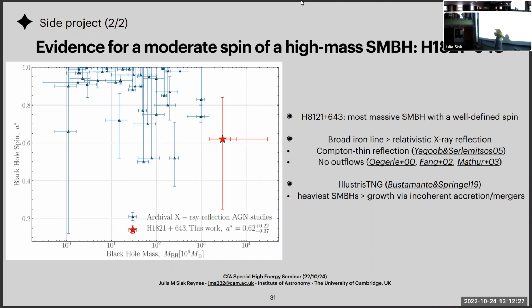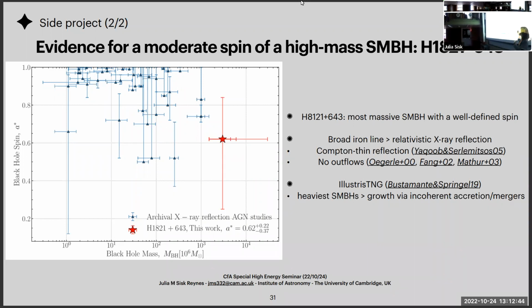But we are excluding highly spinning black holes. And this is potentially exciting because it might suggest that the spin is decreasing as a function of the mass of these black holes.